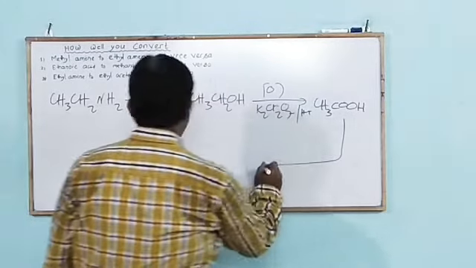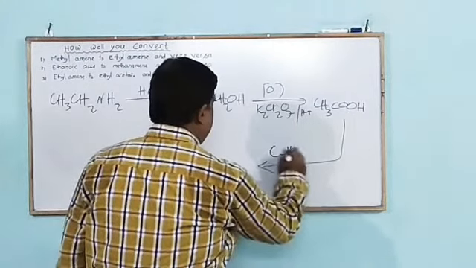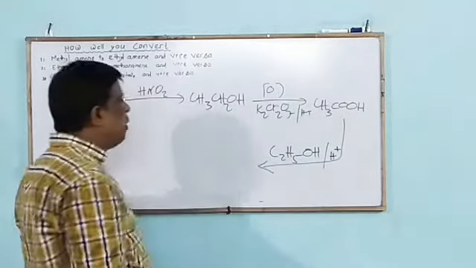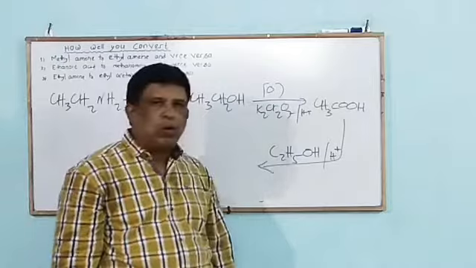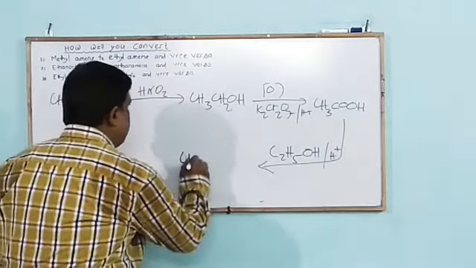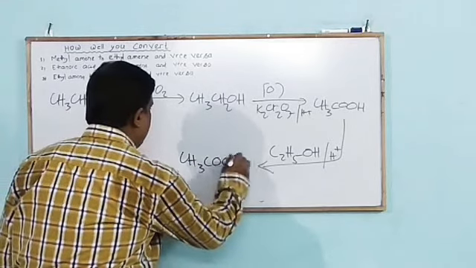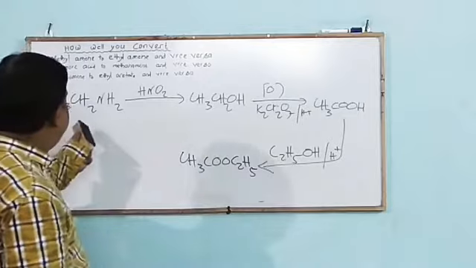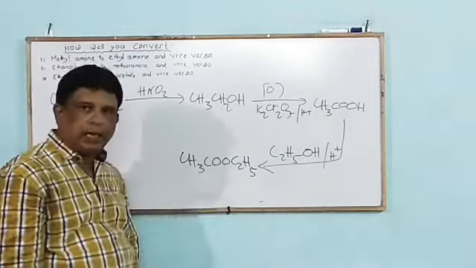Acetic acid reacts with ethyl alcohol in presence of a mineral acid. We know acid combines with alcohol in presence of mineral acid to form an ester. Product is CH3COOC2H5. That is ethylamine to ethyl acetate.